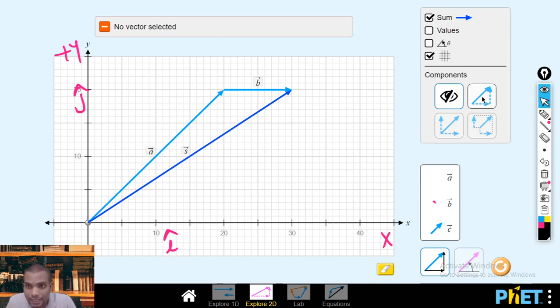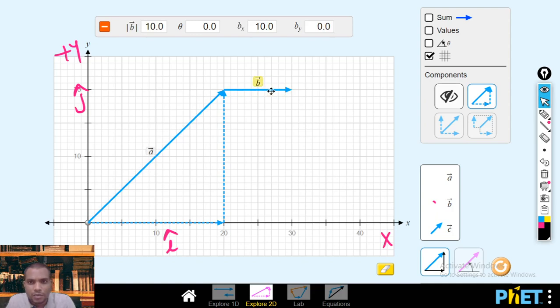Now let me take resolution of vectors. Let us first see how this vector resolution has taken place. For a moment, if I take out the sum, the a vector is resolved into two components, horizontal component and vertical component. What about the b vector resolution?